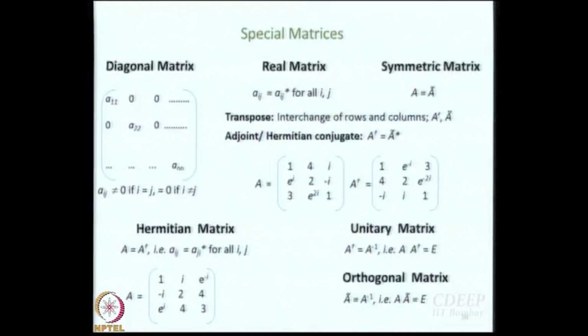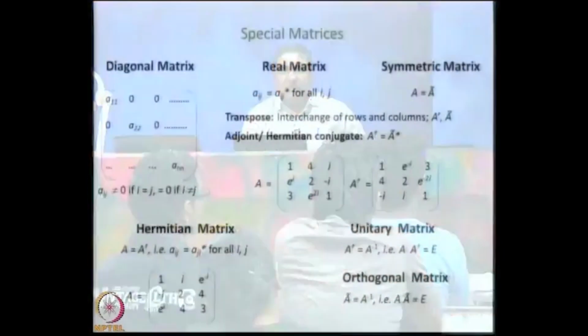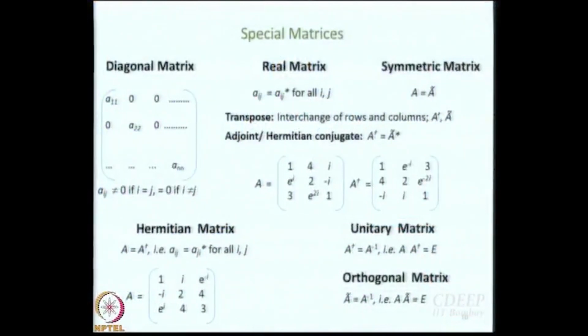An orthogonal matrix is a matrix where the transpose of a matrix is its inverse, A tilde equal to A inverse. So, do unitary matrices and orthogonal matrices have something to do with each other or not? Yeah. If A is a real matrix, then exactly. So, a unitary matrix is the more general case, and an orthogonal matrix is a special case when we are talking about a real matrix.